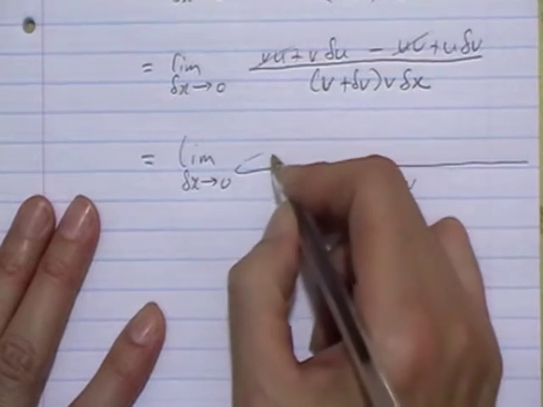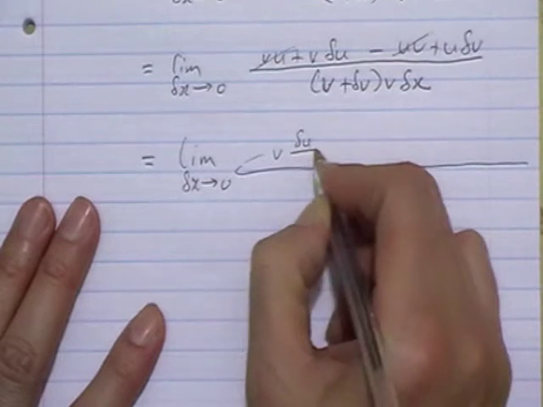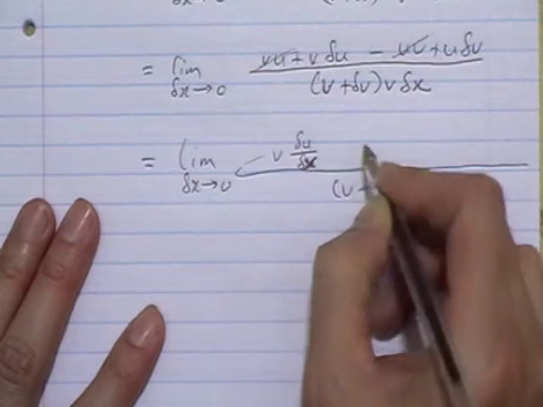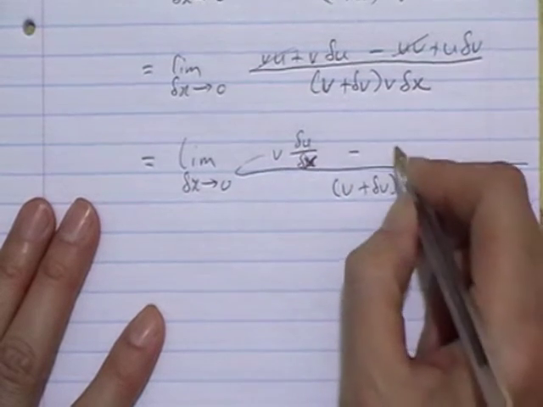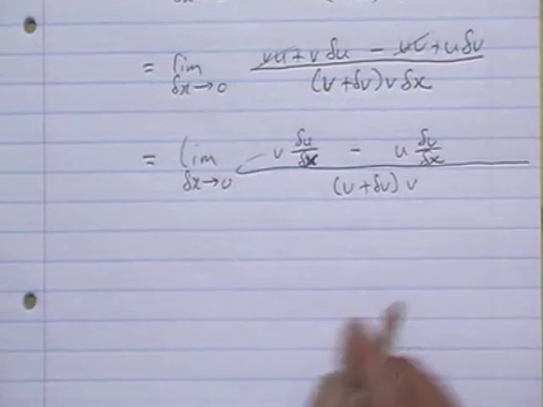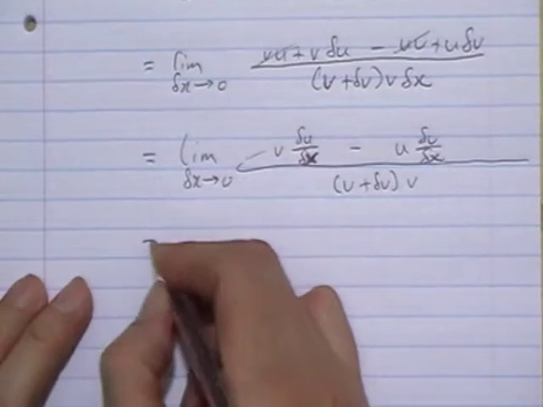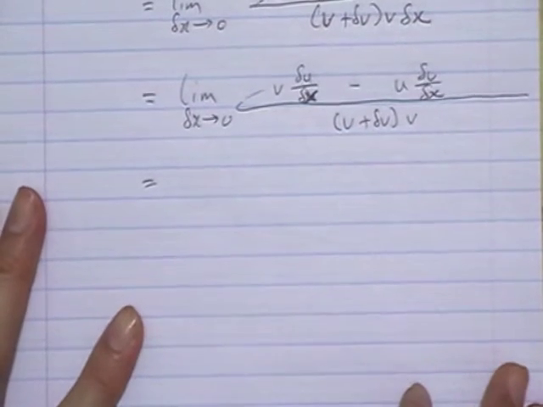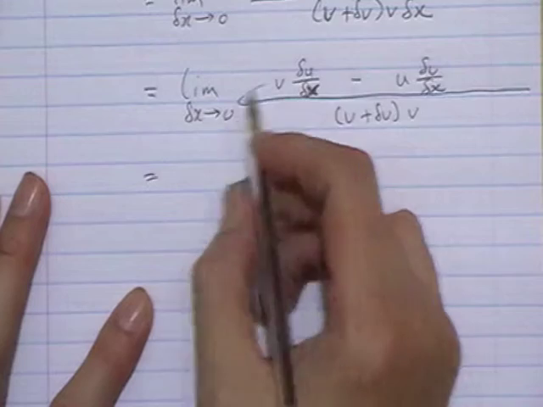Delta x, I shall put under delta u, under the delta v. And now you can see that it looks more and more like the quotient rule.